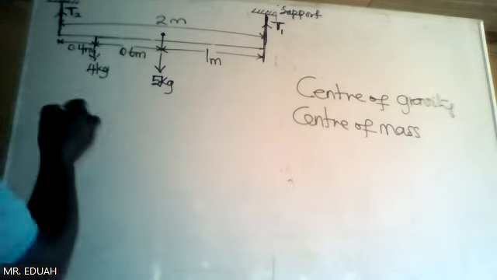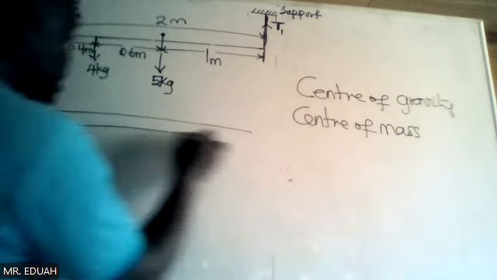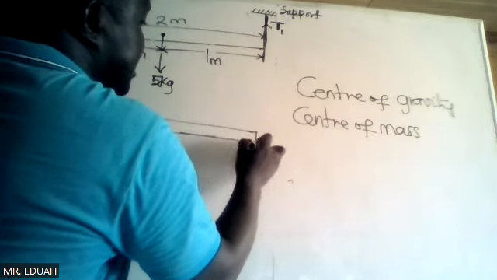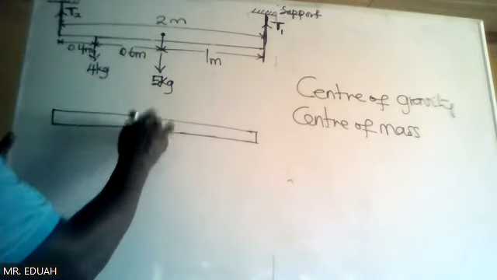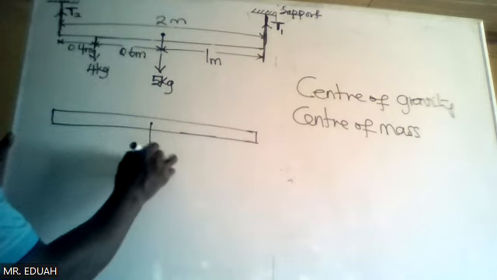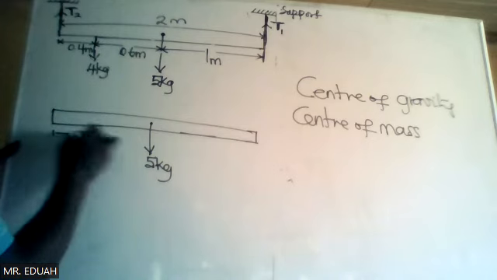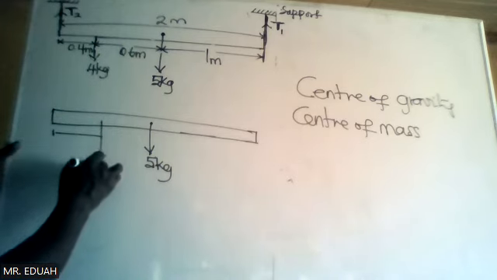This is similar to having a uniform bar with a weight of 5 kilograms, because a uniform bar's weight would act at the center. Then 0.4 meters from one end, we have a mass of 4 kilograms.